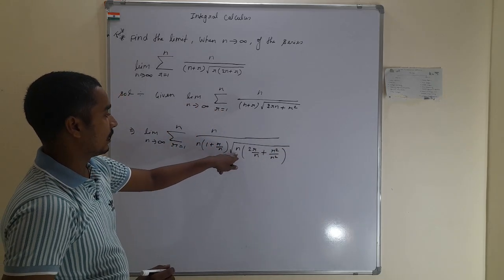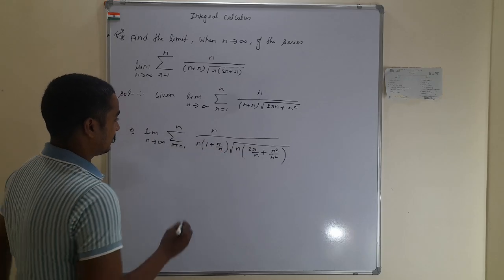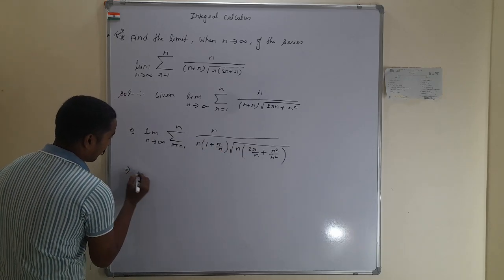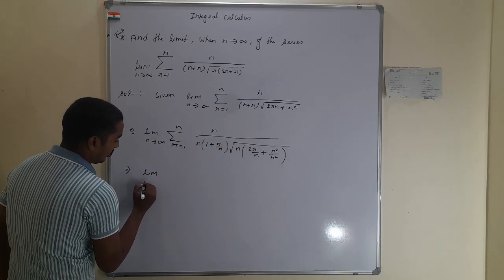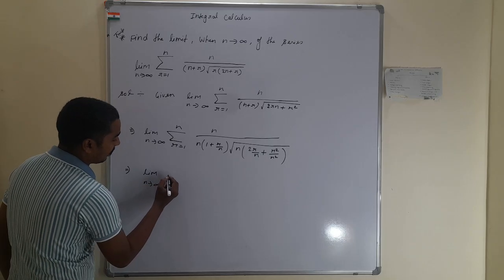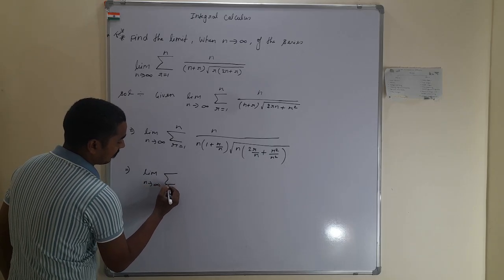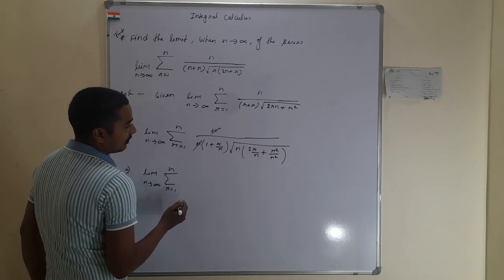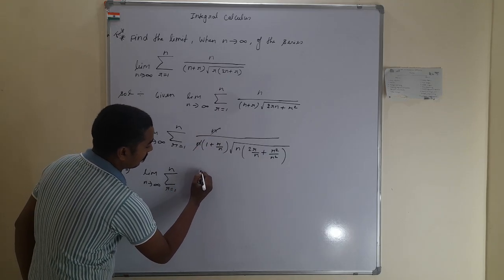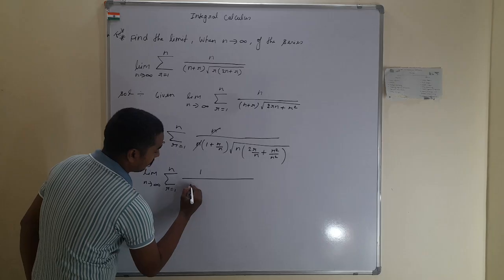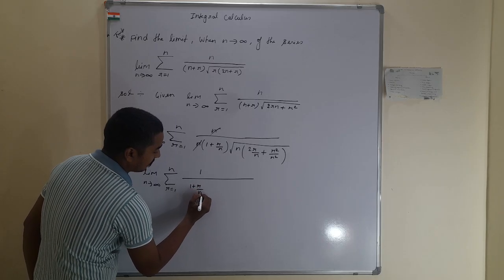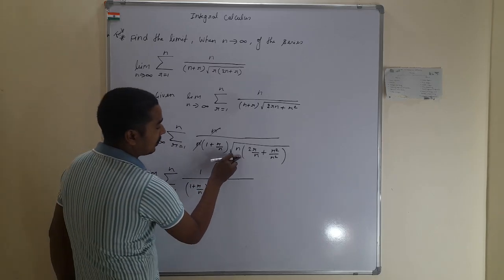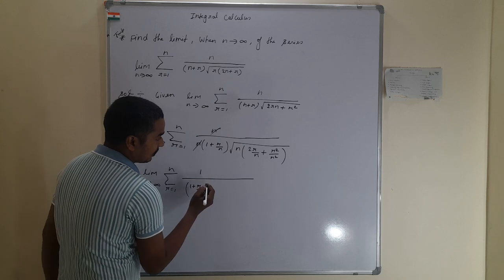We take n outside the root. This gives limit n tends to infinity, summation r equals 1 to n, n is cancelled out here, and this gives 1 upon 1 plus r by n.